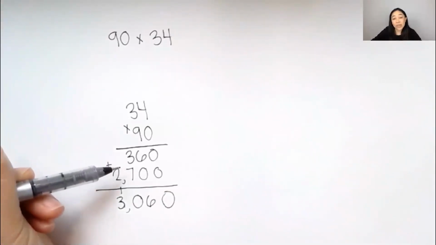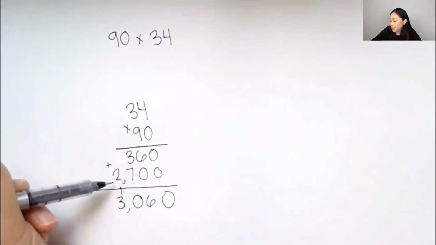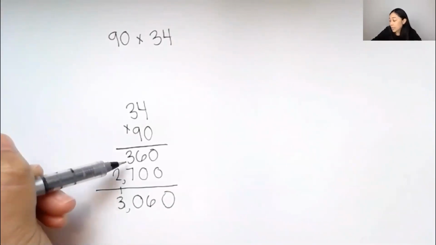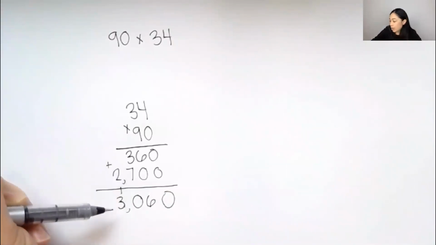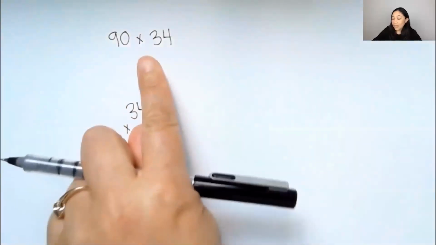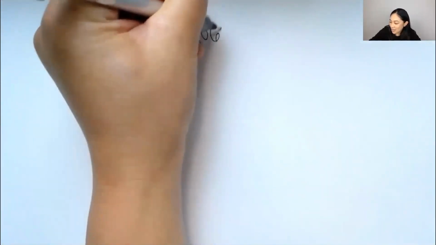Next, I envisioned the larger rectangle, 9 tens times 3 tens, which equals 27 hundreds, or 2,700. I then added the two partial products, 360 plus 2,700, and that equals 3,060. Therefore, 90 times 34 equals 3,060.